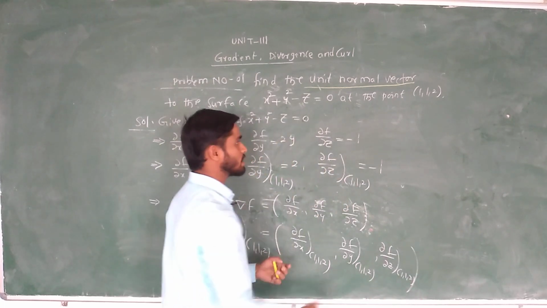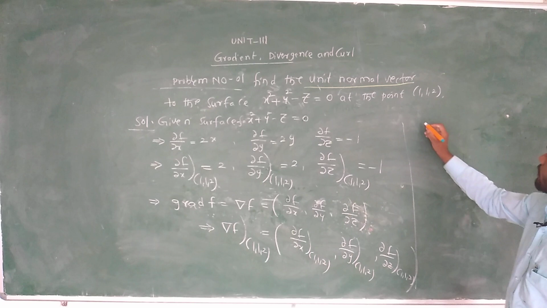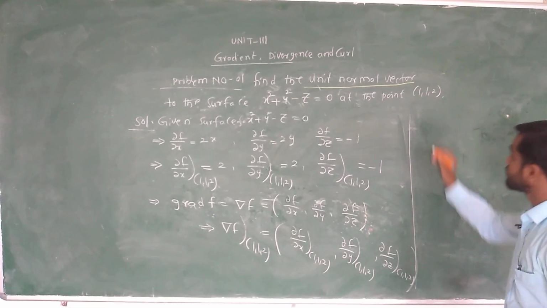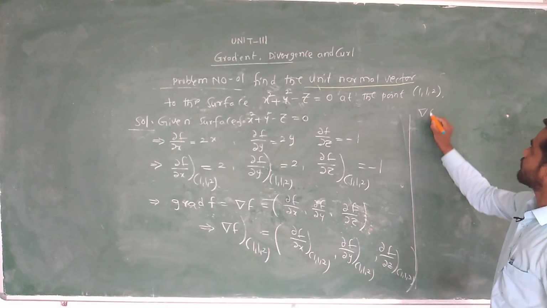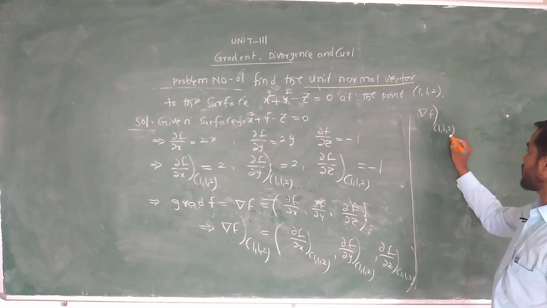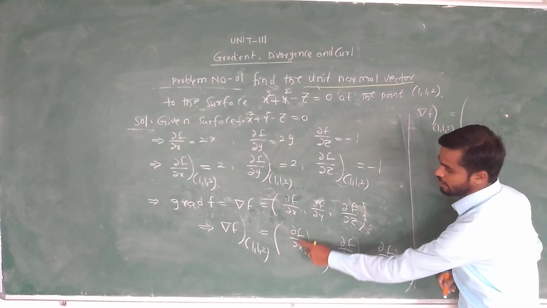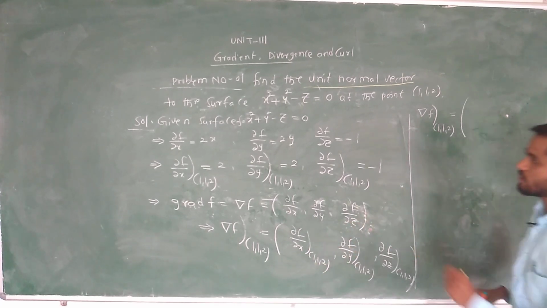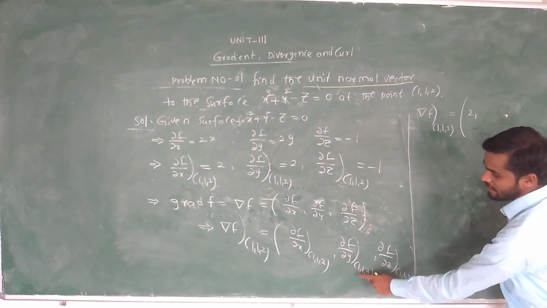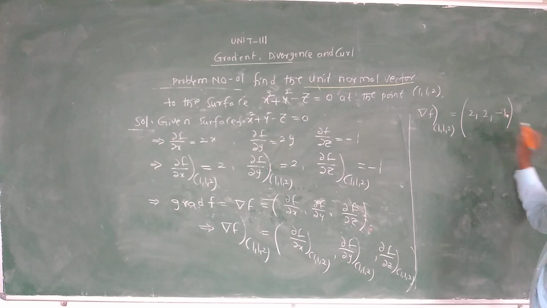So del f at the point 1, 1, 2 will be: the first component, dou f by dou x, is 2, the second component, dou f by dou y, is also 2, and the third component is minus 1.